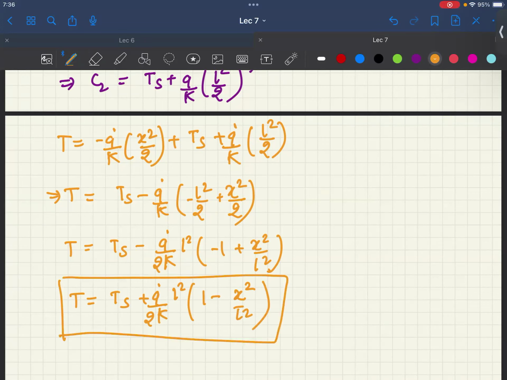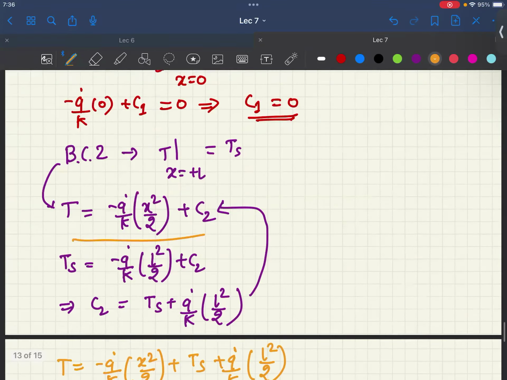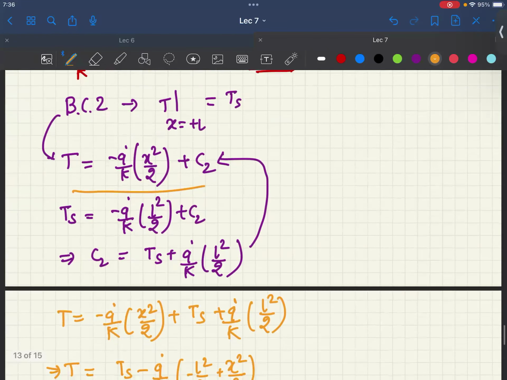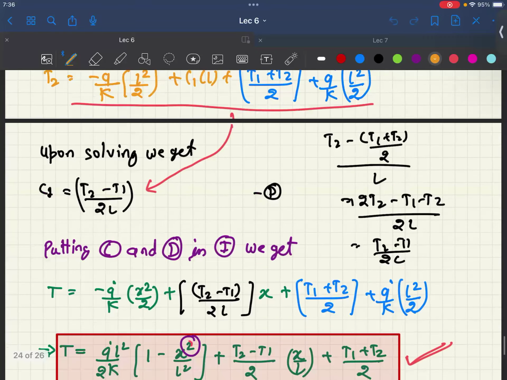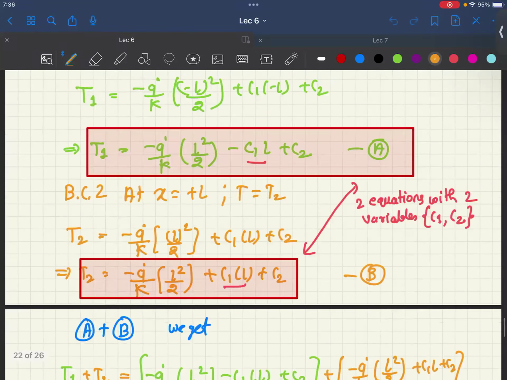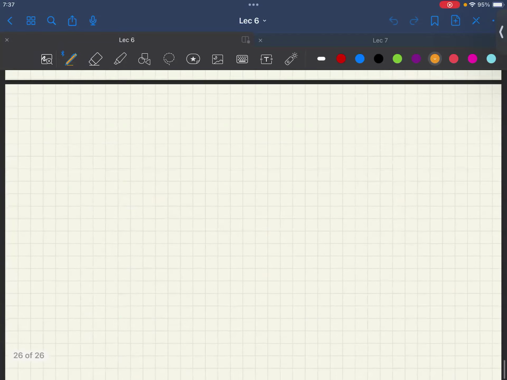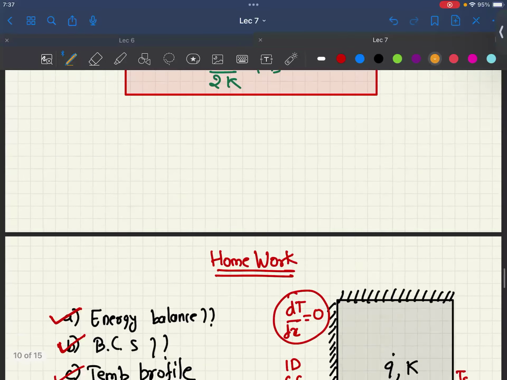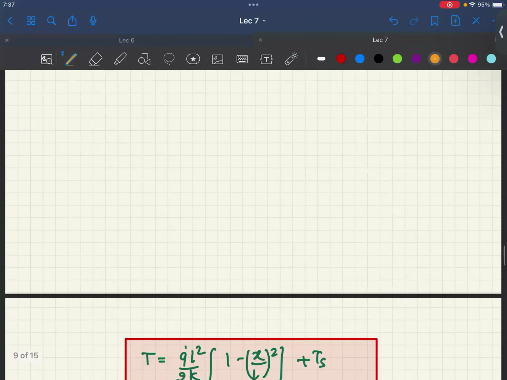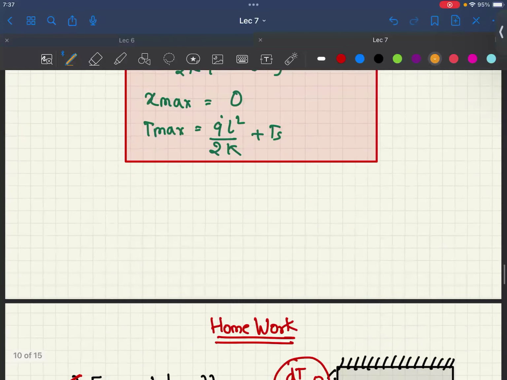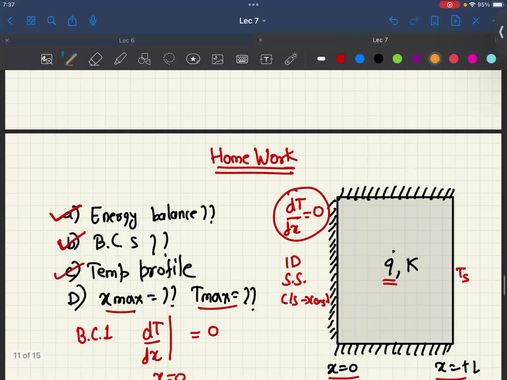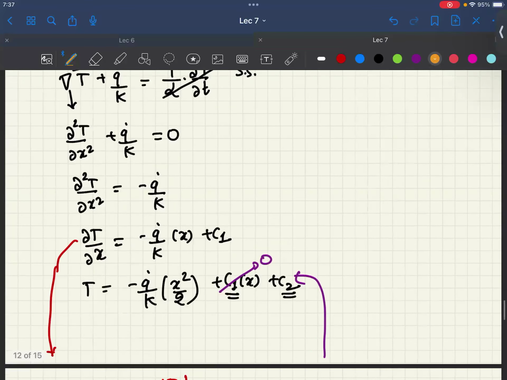Now if you look at this expression and the expression for this case, it turns out to be exactly the same, right? Here also it is this only, and then here also it is same.